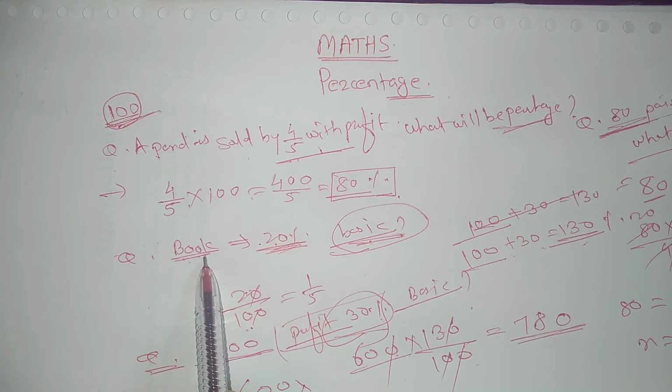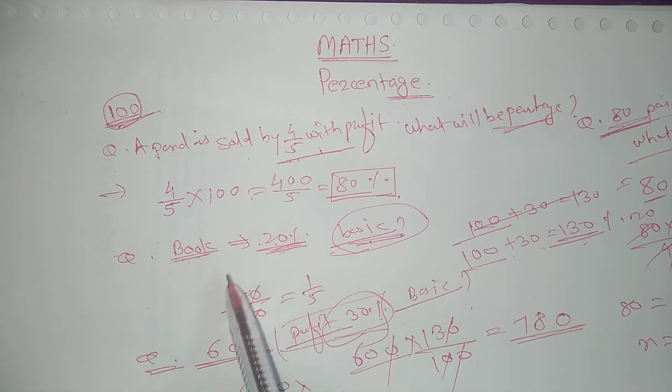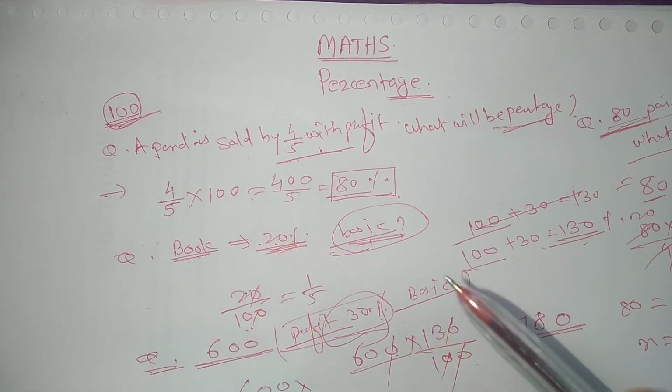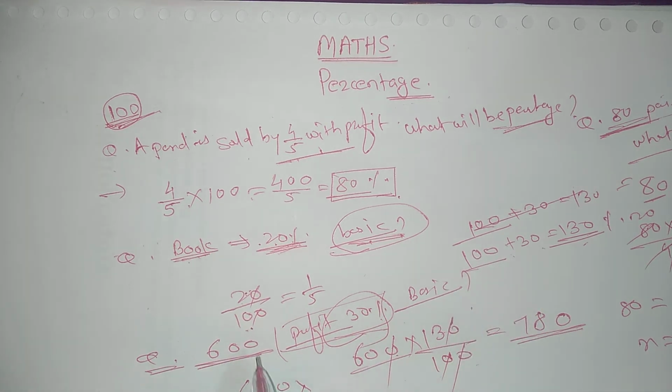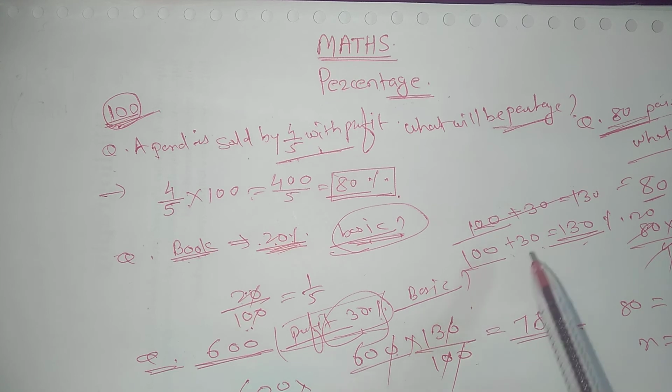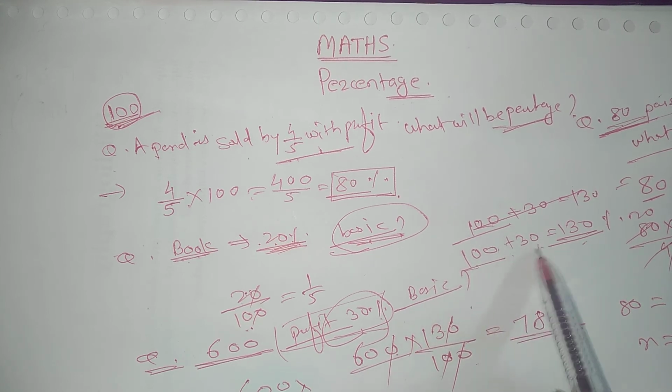If they ask you that after selling a book I get 20% profit, then what is the multiplier? 20 by 100. Then there will be one more type of question. If they ask you 30% more, that means we already have 100 plus 30, so it's 130 percentage, that we have to use.